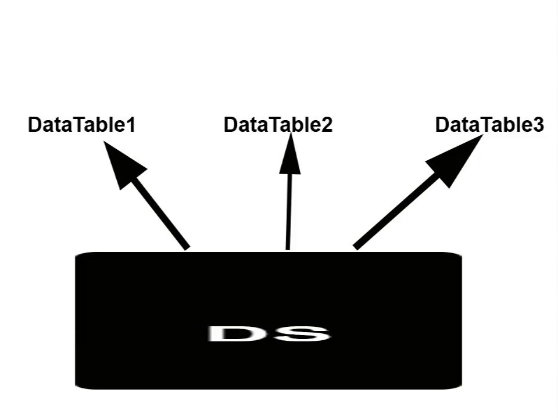The data table objects have properties that map directly to the table columns. The data table objects can be filled with data from the database. Changes can be made to this in-memory data in the data table object.